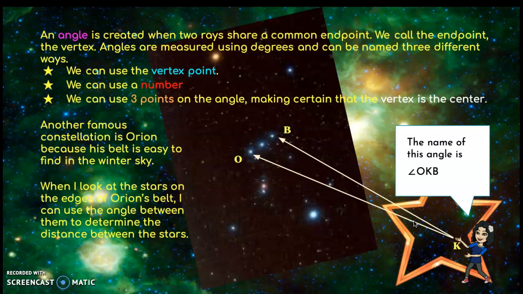When we name an angle, the vertex, the corner, the turning point, the point where those 2 rays meet up, always has to be in the middle, right there. So whether I named this one OKB or BKO, I still have to put the K in the middle. That's the rule. That's the most important thing about an angle.